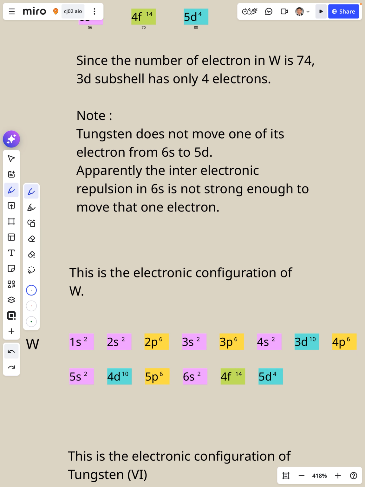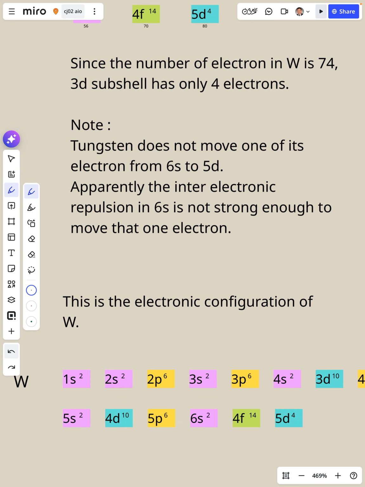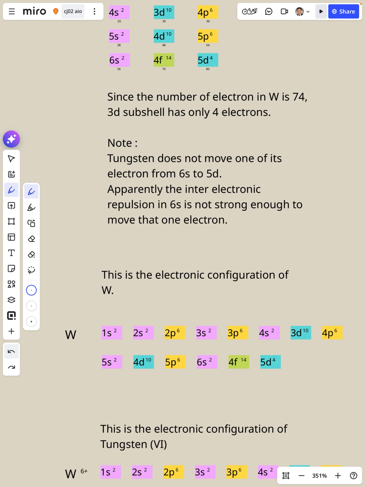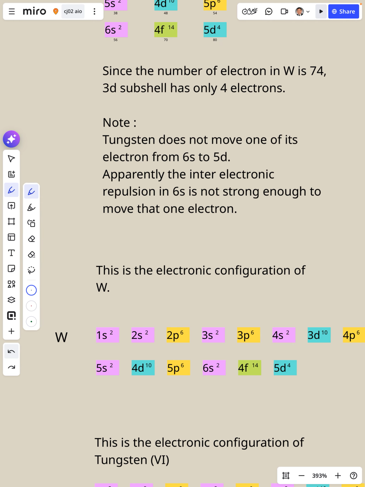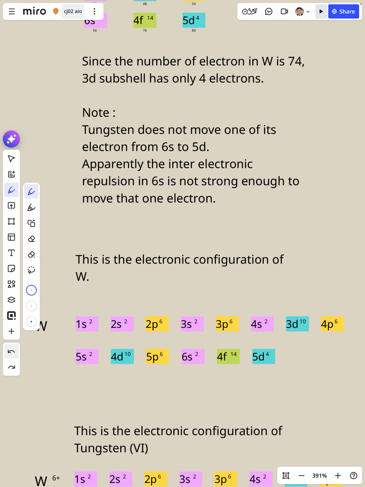We flatten out this diagram, and this is the electronic configuration of tungsten. We read together: 1s2, 2s2, 2p6, 3s2, 3p6, 4s2, 3d10, 4p6, 5s2, 4d10, 5p6, 6s2, 4f14, 5d4.